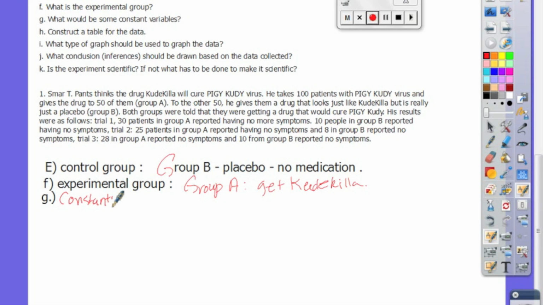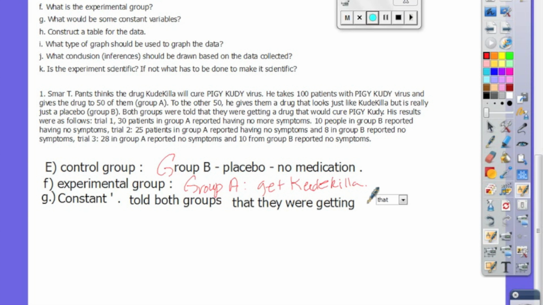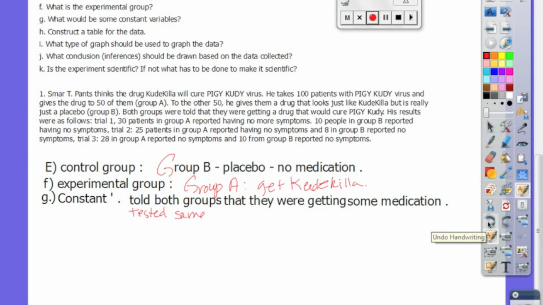They told both groups that they were getting the same medication. That's a constant. Same amount of people per group.